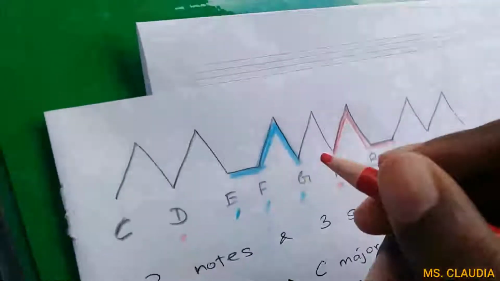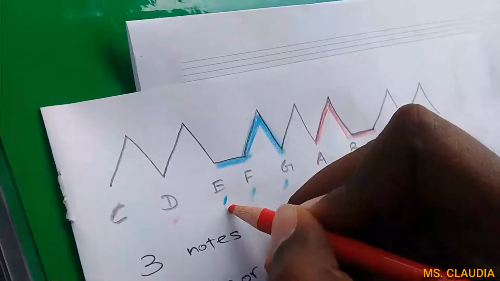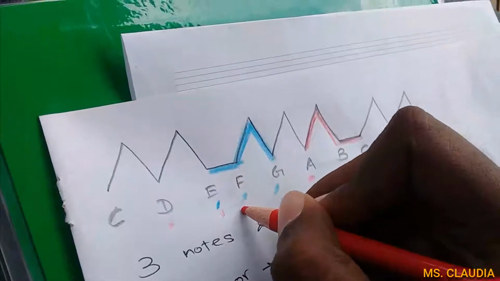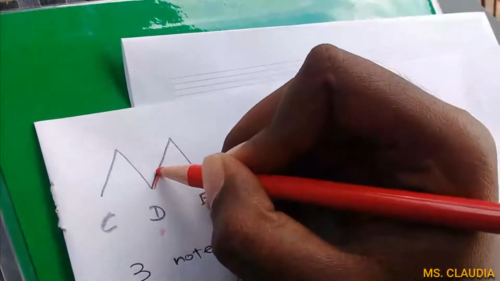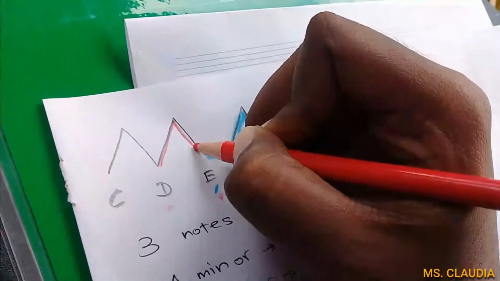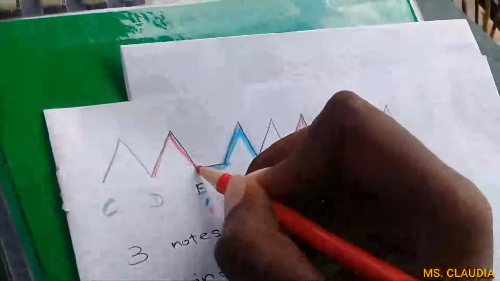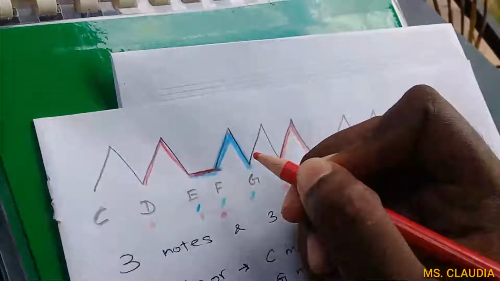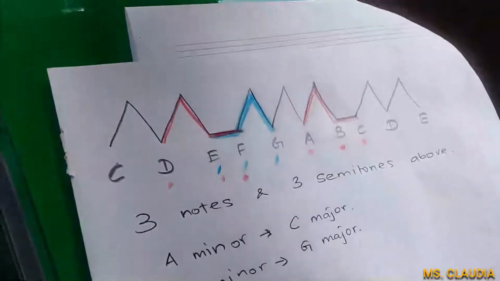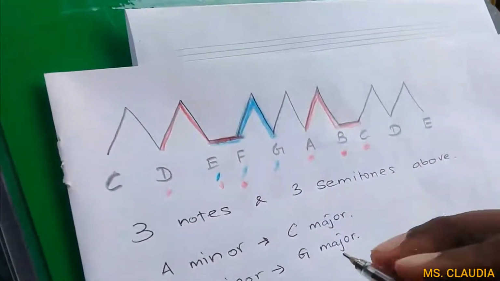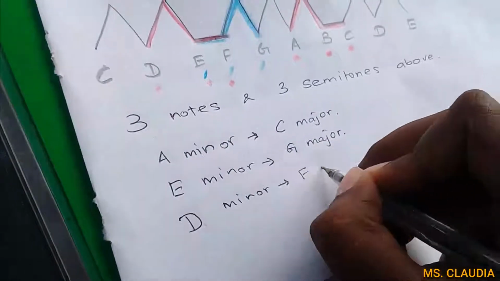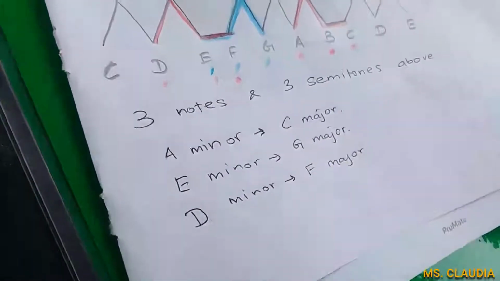D, E, and F. So you go upwards. 1, 2, 3. You land on F. So your relative major of D minor is F major.